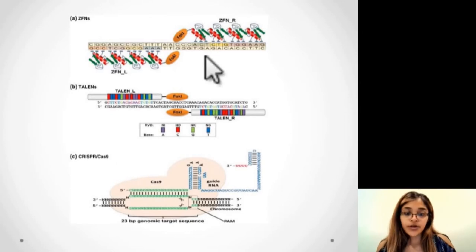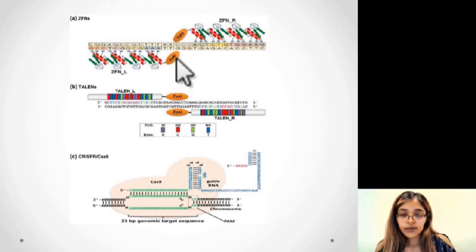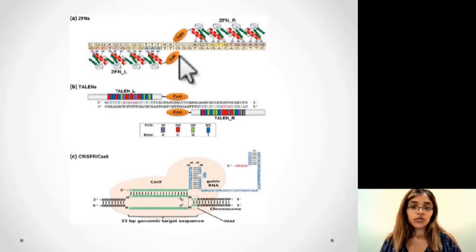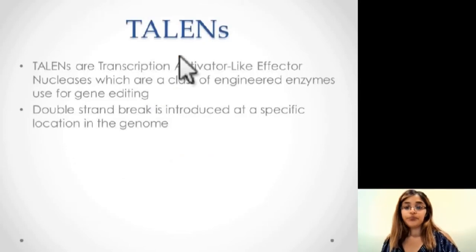Then the second part is the DNA cleavage domain, which is the FOKI endonuclease. This nuclease, in order for cleavage to occur, has to dimerize. So these two have to dimerize, and then cleavage would occur. If they don't dimerize, then no cleavage is gonna happen.